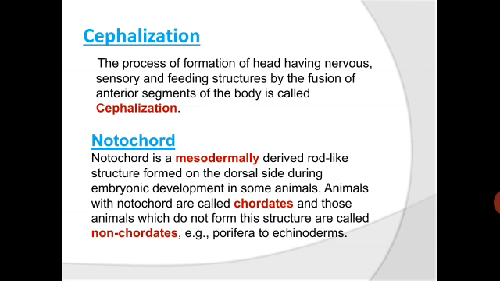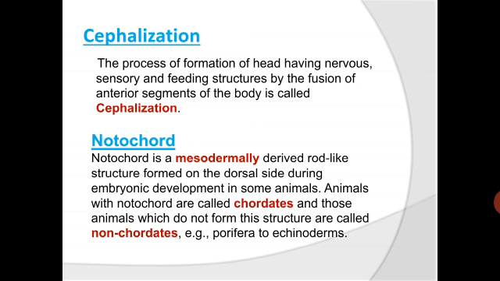And notochord is a mesodermally derived rod-like structure formed on the dorsal side during embryonic development in some animals.